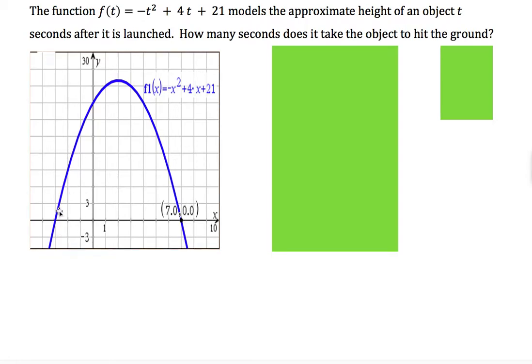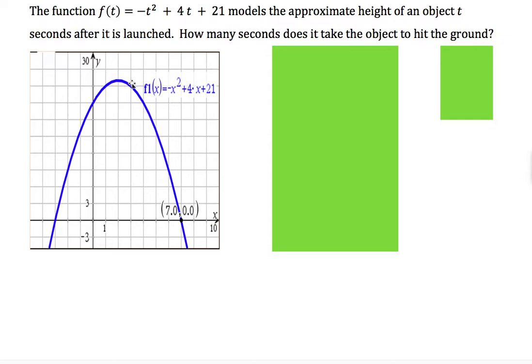But we don't care about this one, because for this equation we only care about the time after an object is launched, and it's going to be launched when t is 0. So it starts off way up here. Somebody throws something, maybe they're standing on a building or something, who knows.